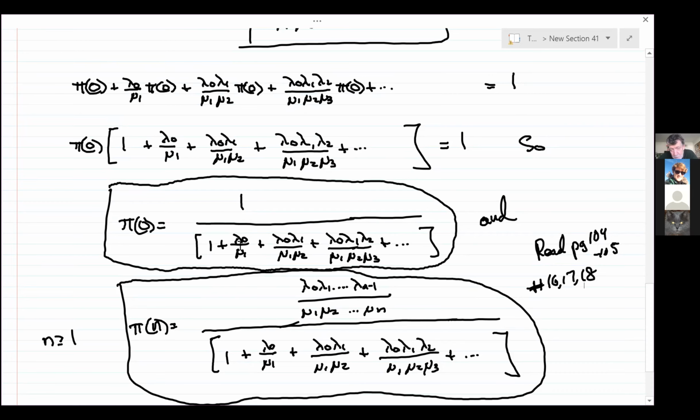The condition we require is that pi zero has to make sense, which means this series on the bottom has to converge. If it doesn't, then pi zero will be zero, and so will all the other ones, and they won't add up to one, so it won't be a stationary distribution.